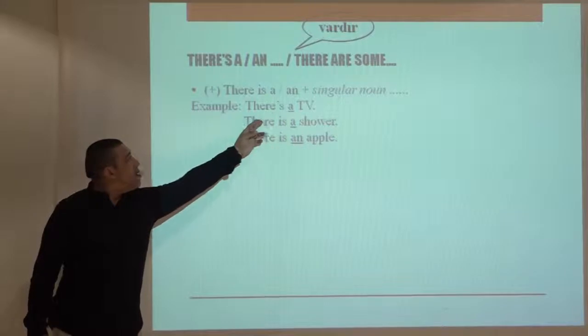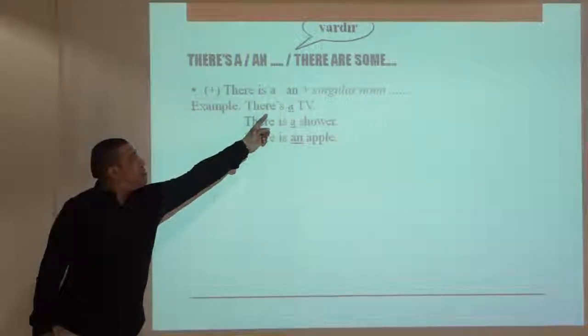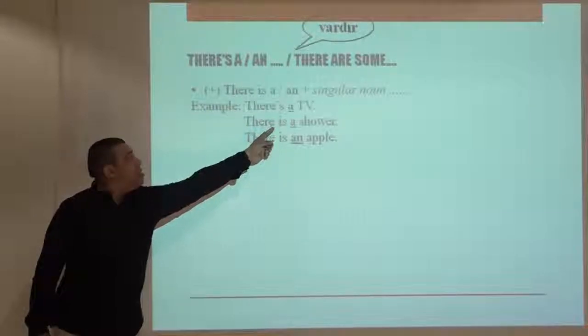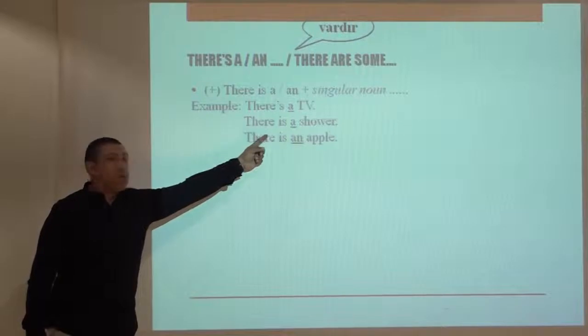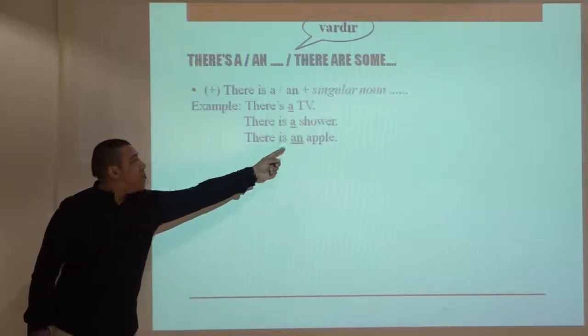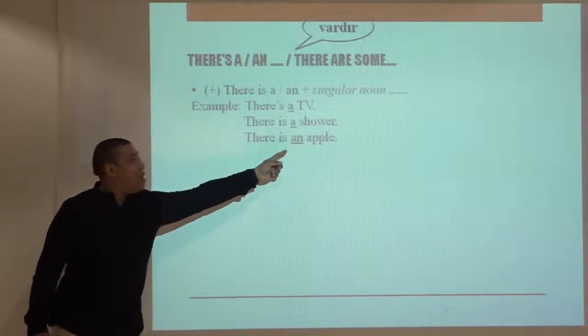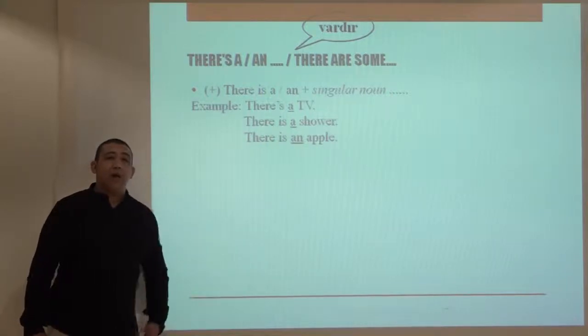So when the item is singular, we say there is a. A means one. We have a vowel sound in apple, so we use an instead of a.